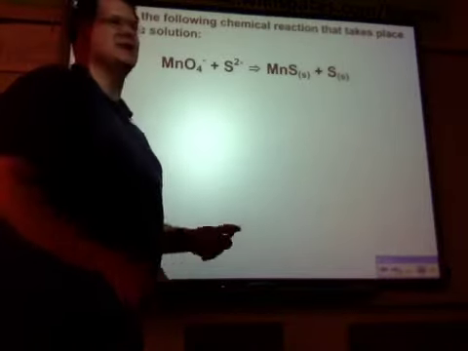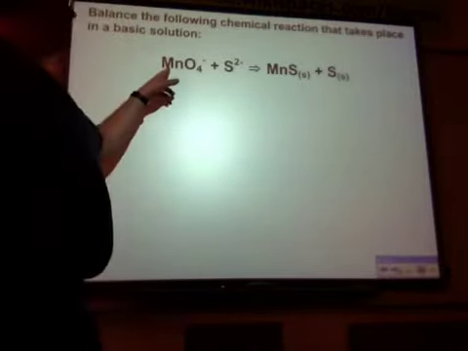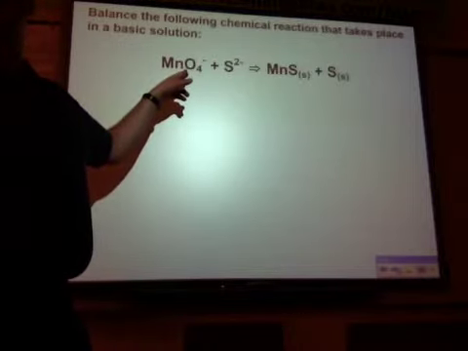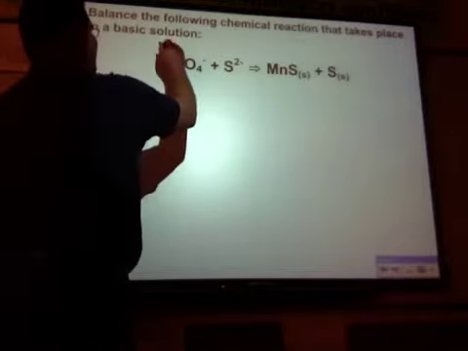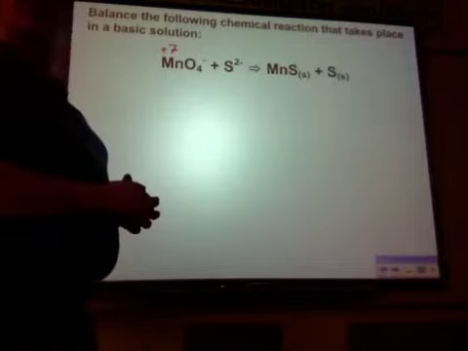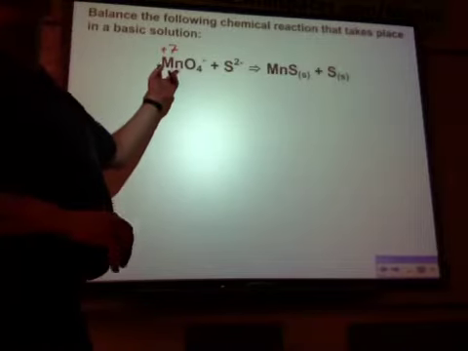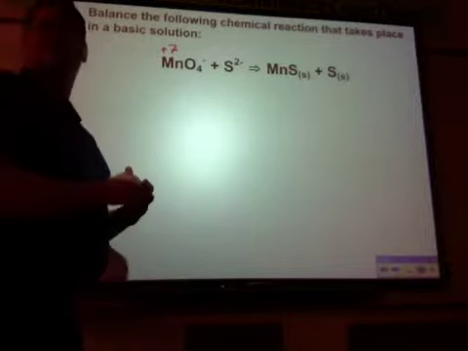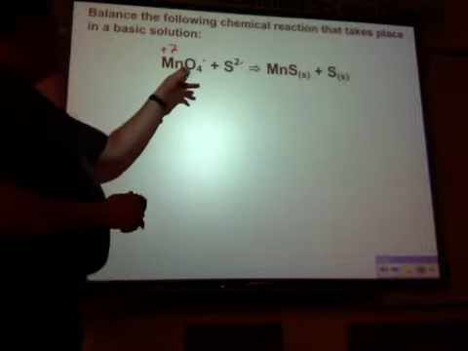We need oxidation states to do that. Manganese here has an oxidation state of, remember it, we just saw it, +7. Why doesn't it just depend on the oxygen? It does. But we actually saw this ion a couple of slides ago, and it was +7.